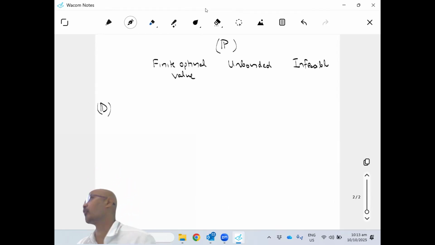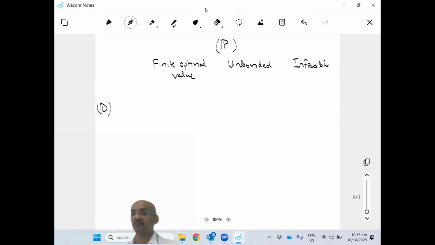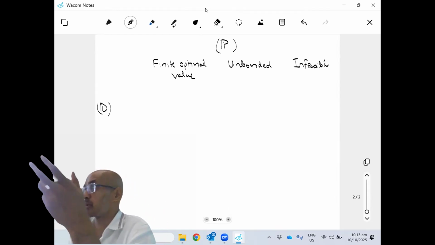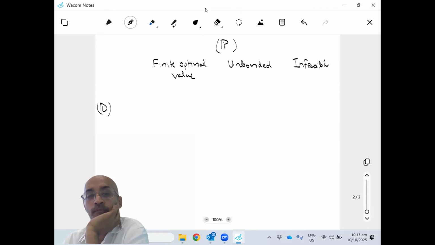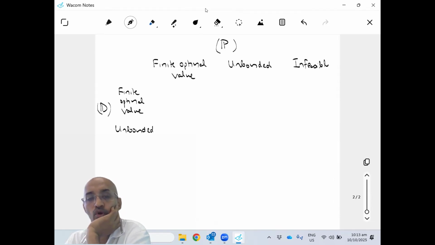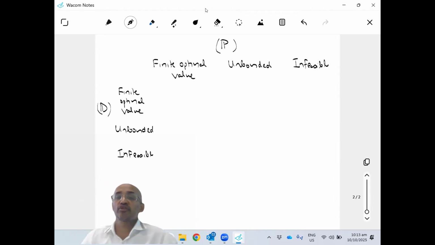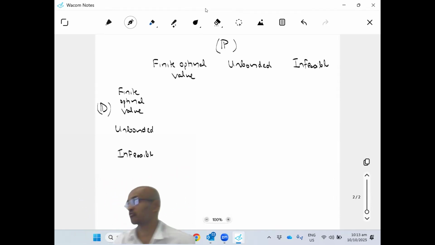These are essentially the three possibilities in LPs. Only one of these three things will happen for any LP. Similarly, for the dual, you will have a finite optimal value, or it could be unbounded, or it could be infeasible. So there is a total of 9 possibilities.